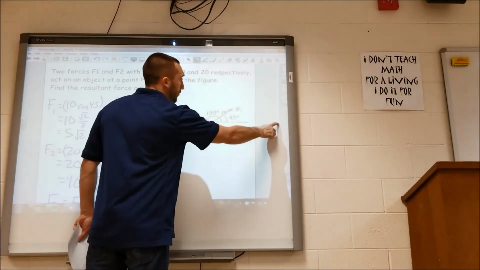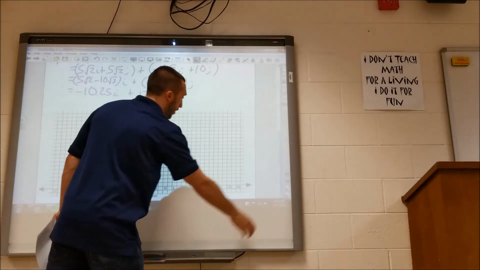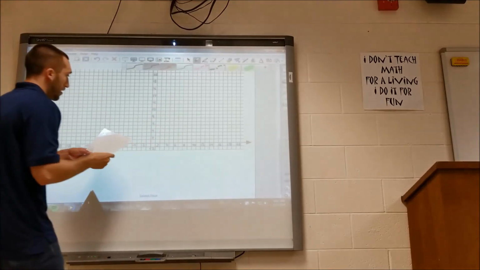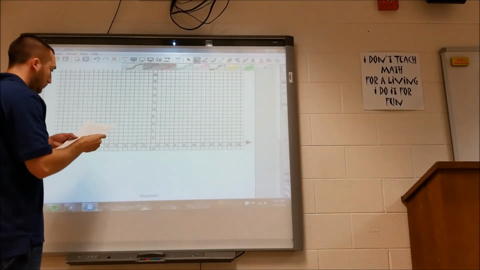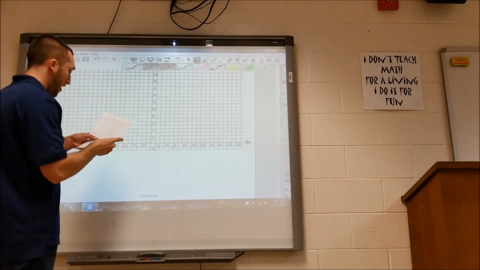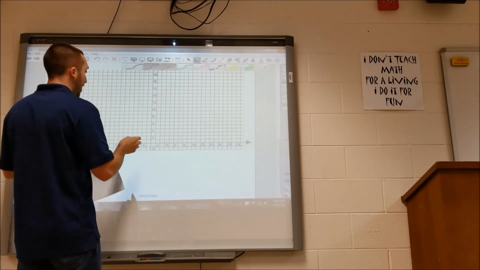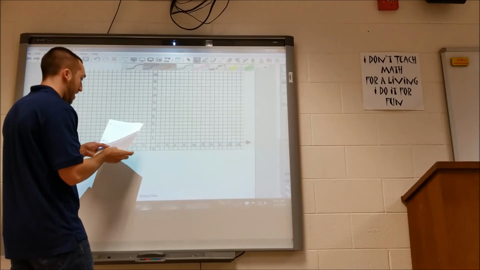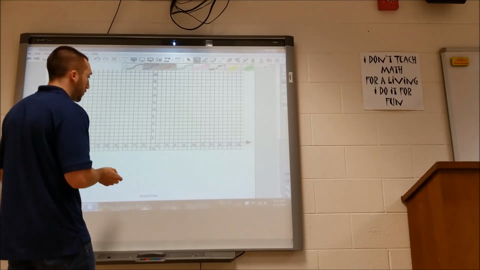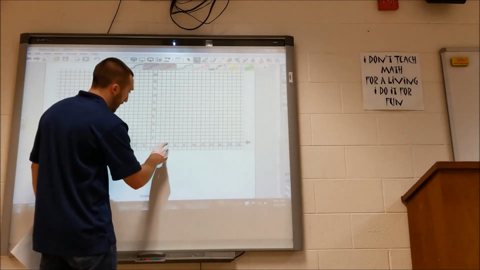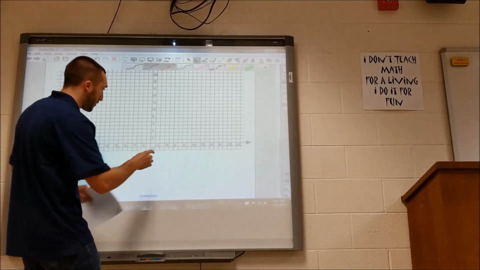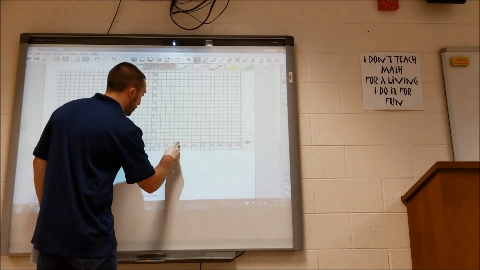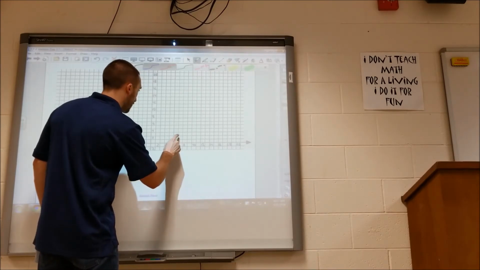So we had our F1, with 5 radical 2 for your x and 5 radical 2 for your y, with a 45 degree angle. 5 radical 2 is about 7.1, so just a little bit more than 7, and then a little bit more than 7.